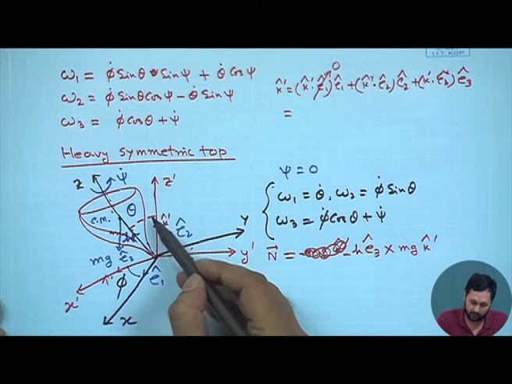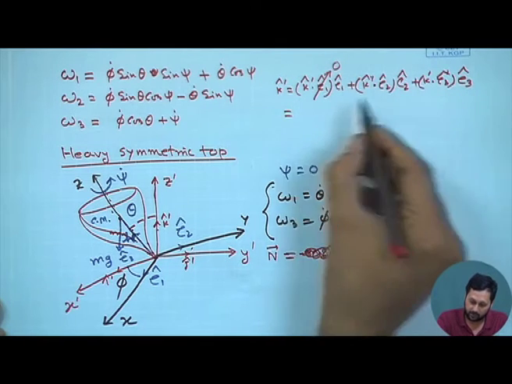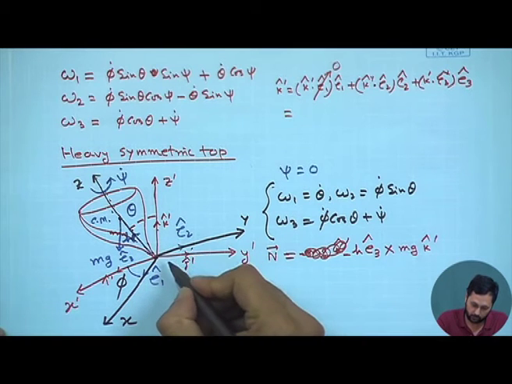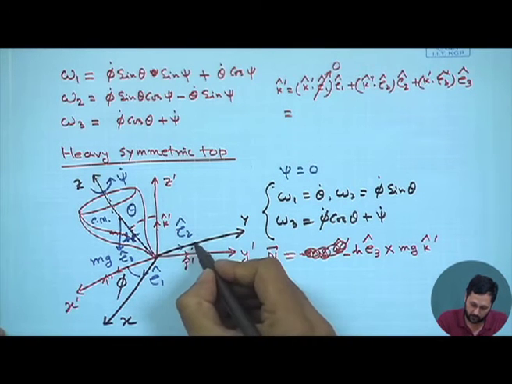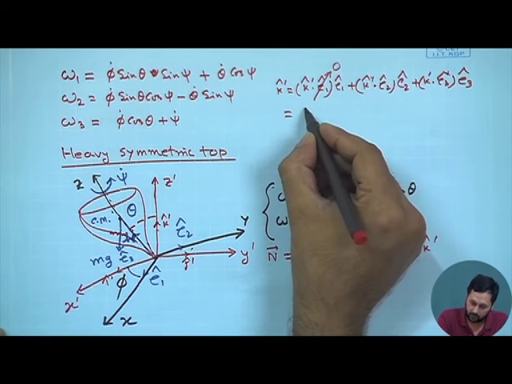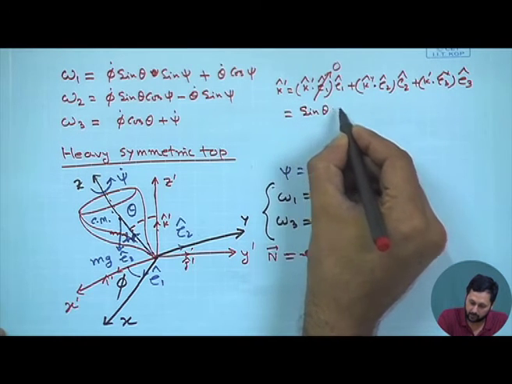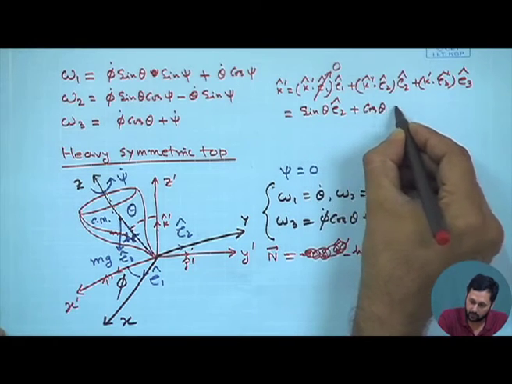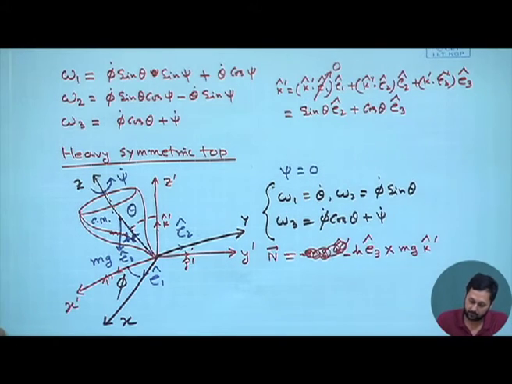In terms of this angle theta, we can write this as sin theta E2 capped plus cos theta E3 capped.